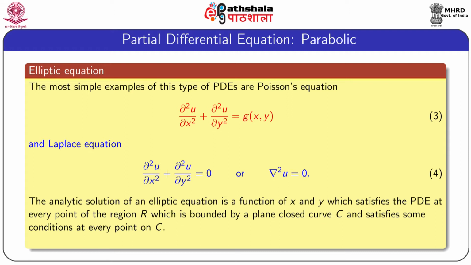The analytic solution of an elliptic equation is a function of x and y. The solution must satisfy the partial differential equation at every point within the region R where the equation is defined, and which is bounded by a plane closed curve C. Also, the solution must satisfy some condition at every point on the boundary C. So, these are the sufficient conditions for a solution of equation 3 or 4.